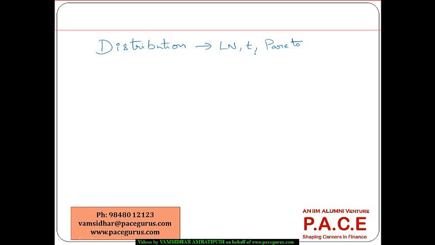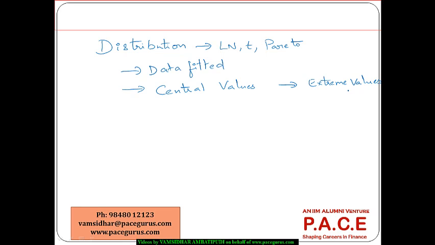Some distribution is selected, and the loss observations that we have seen are fitted to that distribution. In the majority of cases, the central values get fitted quite appropriately, but the extreme values do not get fitted properly, which means for the tails, this kind of mechanism does not work. So whenever I am dealing with extreme values, I need a completely different approach.